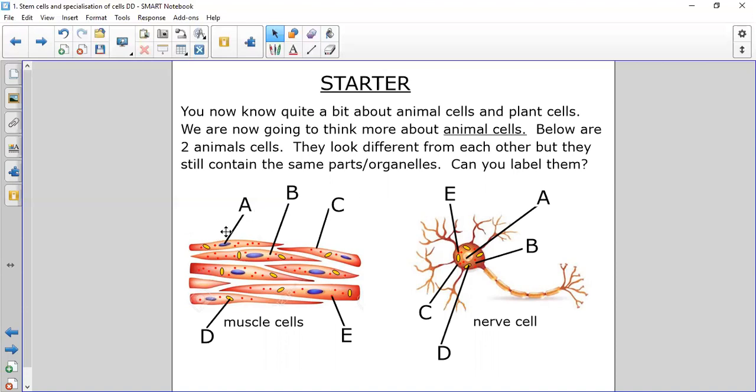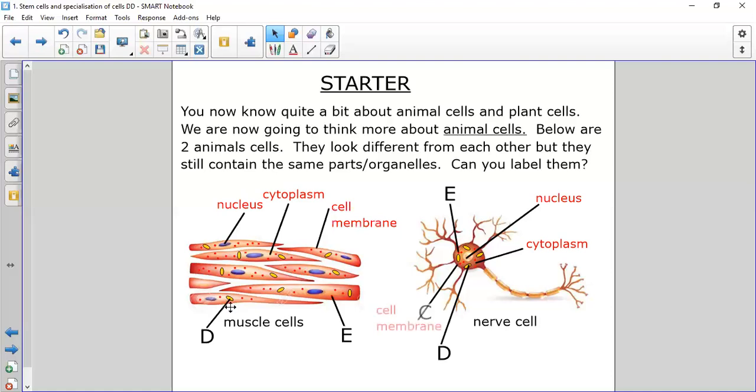So A on this is the same part as A on this, and hopefully you can give yourself a tick, you've got it right, it is the nucleus. B is just pointing to the pink bit in here, just a kind of browny bit in there, which is the cytoplasm. C is pointing to the outside line of the cell, and the same on this one, which is the cell membrane.